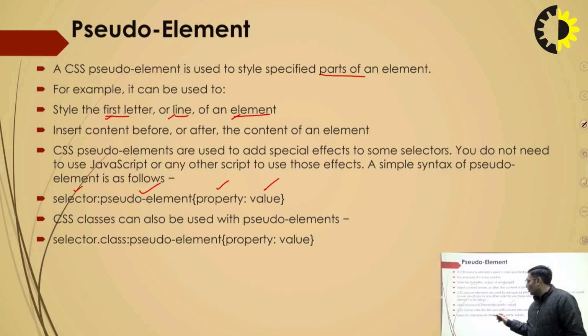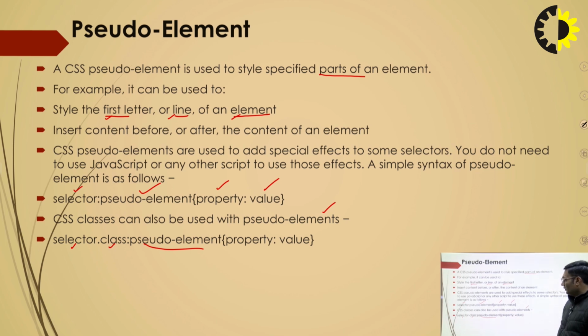A CSS class can also be used with the pseudo element and selector. We can write the selector, then dot the class name, then colon, the pseudo element name, then curly braces open, property colon value.